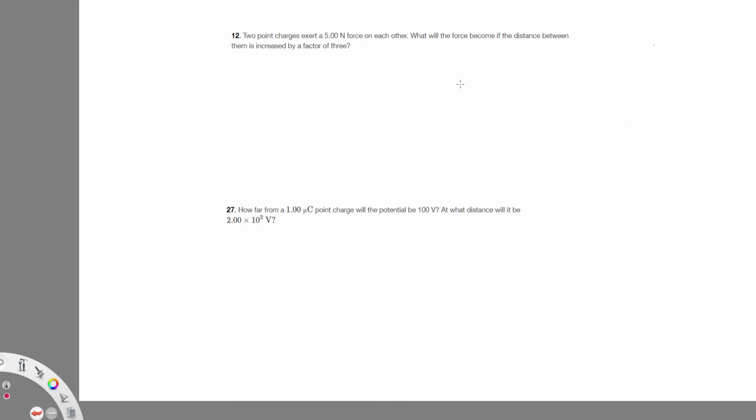Two point charges exert a 5 newton force on each other. What will the force become if the distance between them is increased by a factor of 3? So we want to pull out Coulomb's law. Right? So the force that two point charges will experience is equal to K Q1 Q2 over R squared.